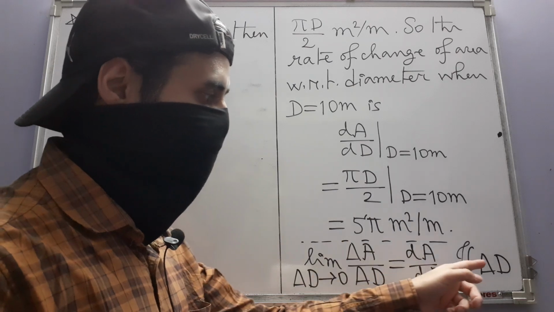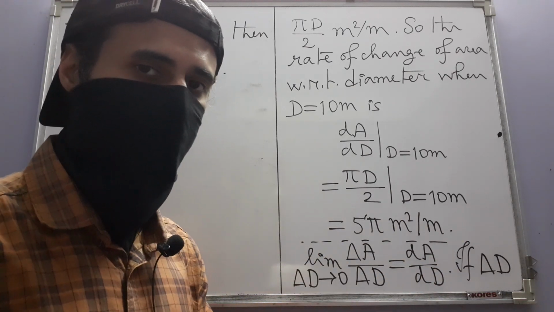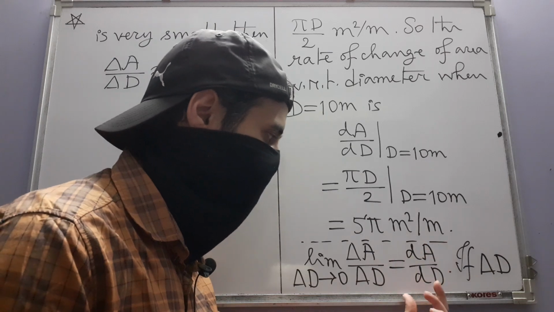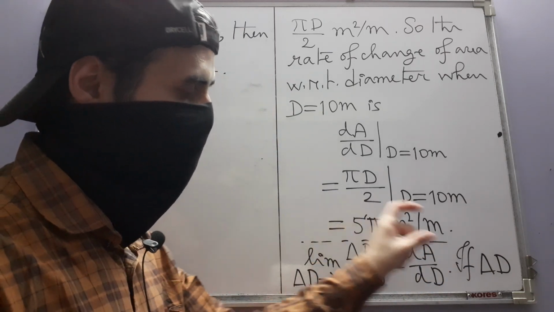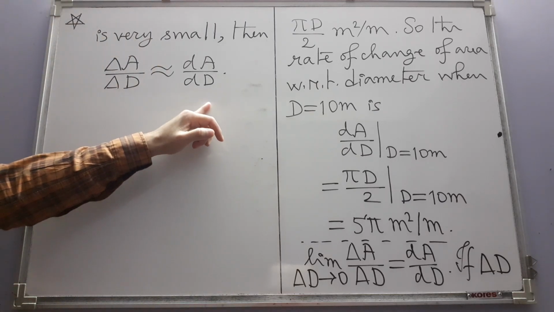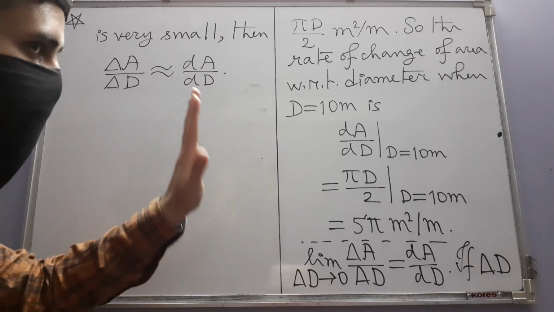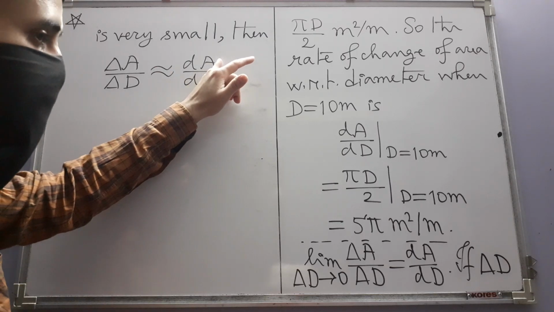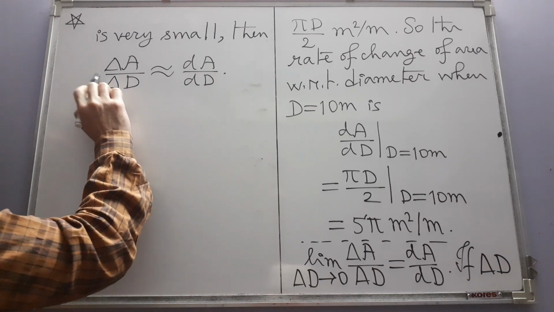So for very small delta D, depending on how much accuracy you need, between your actual value and your approximate value, the approximate value will be close enough to the actual value. In that sense, this is approximately equal to this. Now, unlike this quantity, which really is not a ratio, it is not dA divided by dt. We have already talked about this. This is a ratio.